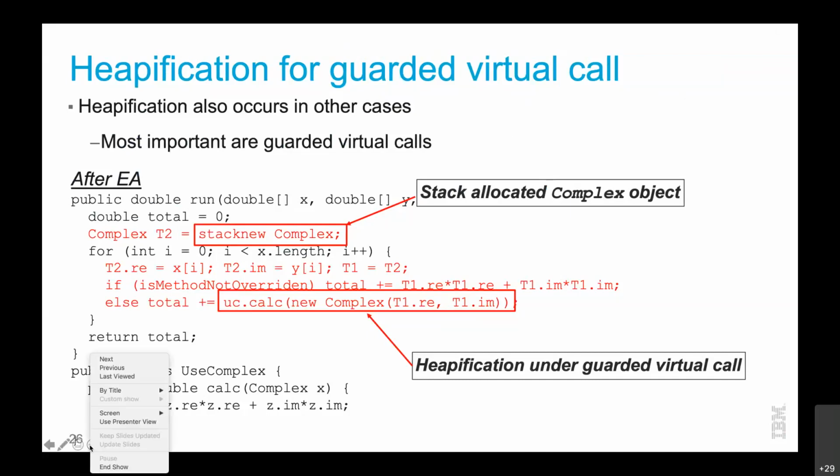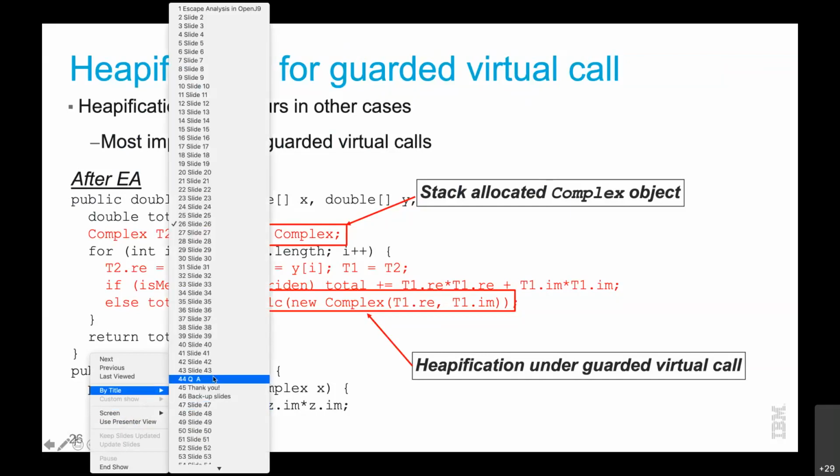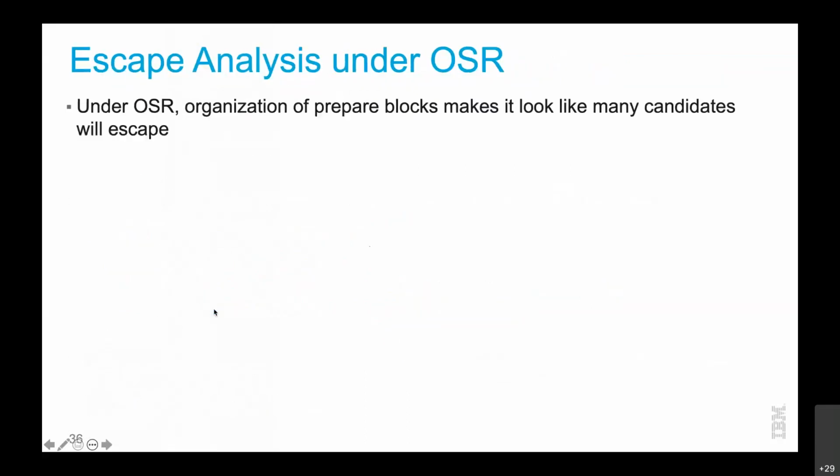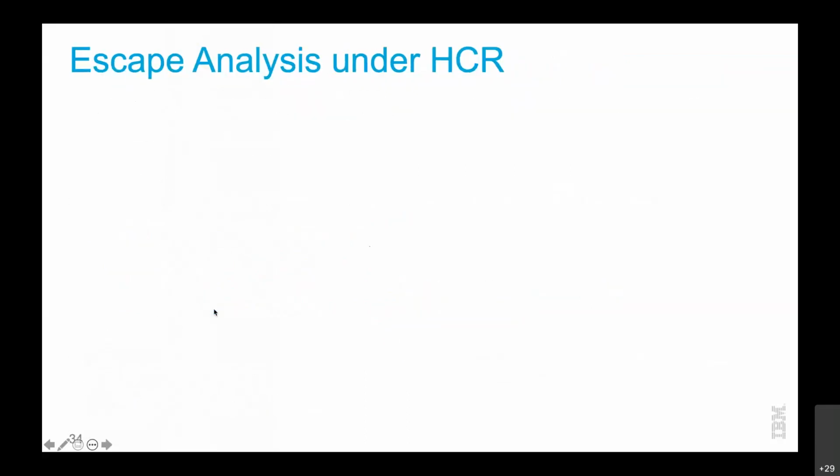If we peek with HCR enabled, the failing side of that guard at the moment just does the heapification ahead of the call, and we won't recompile the method. We'll just do the heapification and keep running. We could insert a recompilation point there, but we don't do that today.